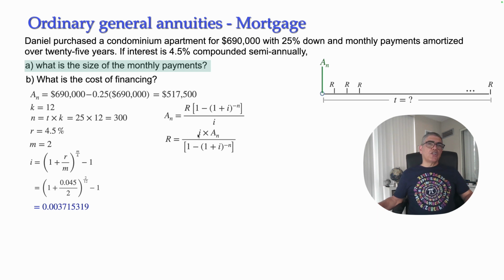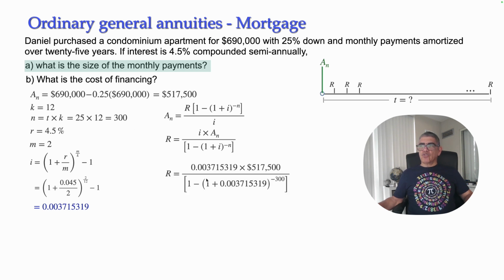So just make a substitution of everything. So this i is this number, this A_N is 517,500. So it will be the value of the condominium minus the down payment. Okay, and this N equal 300.